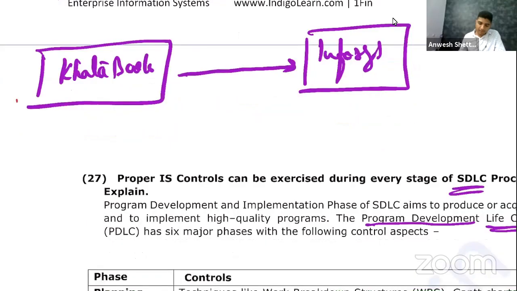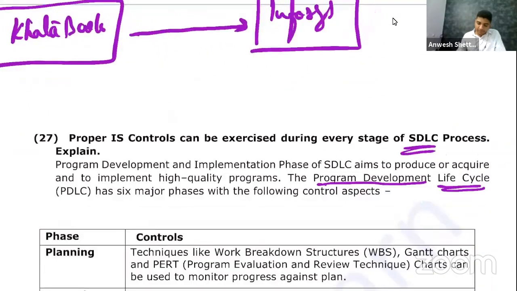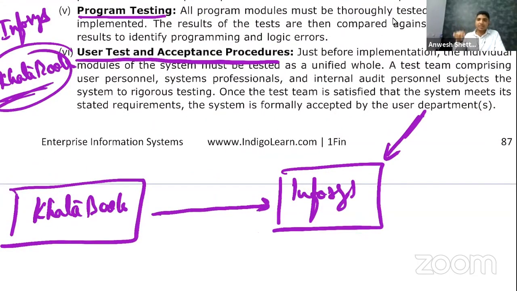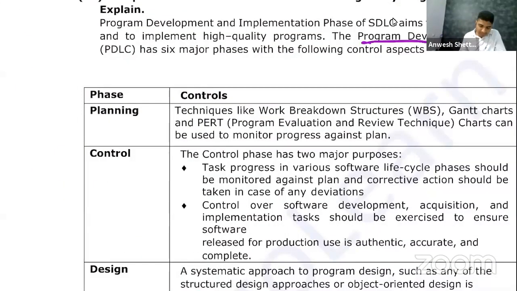Now an auditor should check this Infosys. He's not actually checking the Khata book, he's actually checking Infosys, to see whether they are developing software properly. So first one is planning.